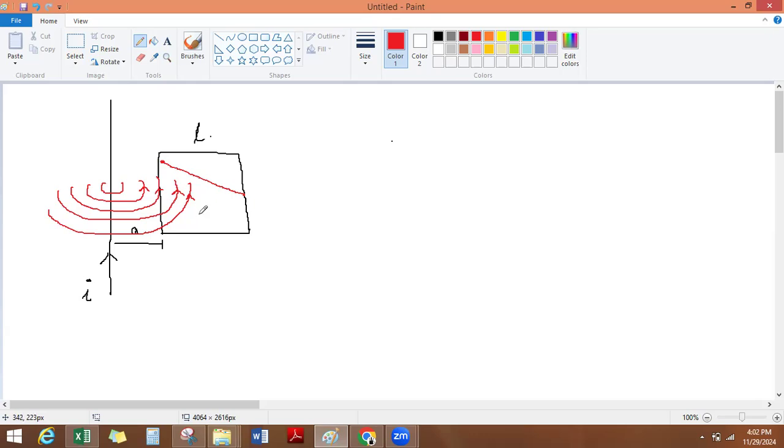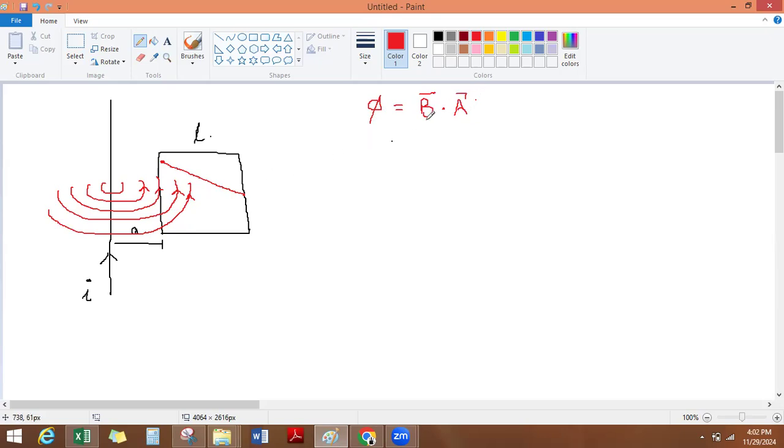If you recognize this, you will understand that the importance of this problem is that it's not directly phi equal to B dot A, which is an easy one.